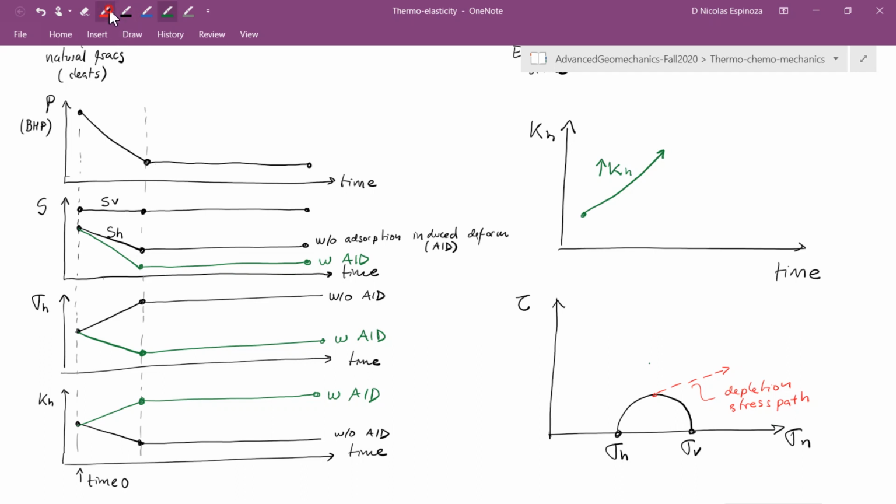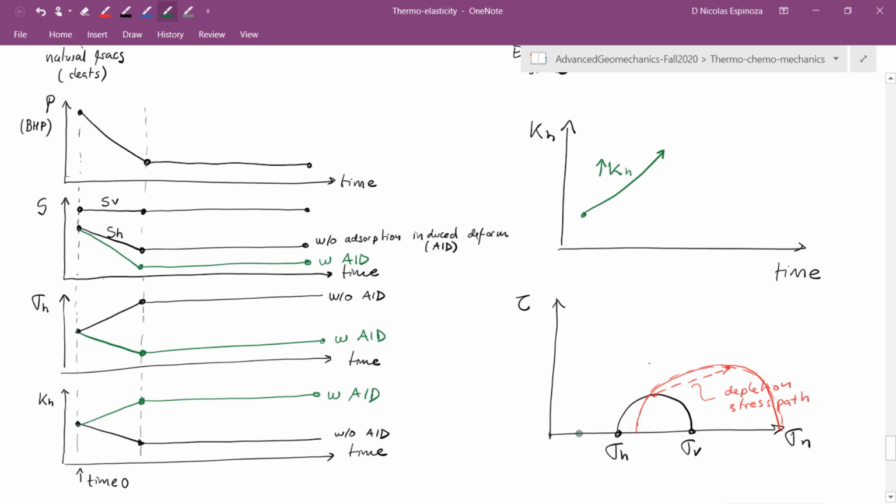So let me add the Mohr circle for the depletion stress path so it's clear. For the depletion stress path, I would expect a Mohr circle which is somewhere over here. But now with the desorption, I have a decrease of the effective horizontal stress.